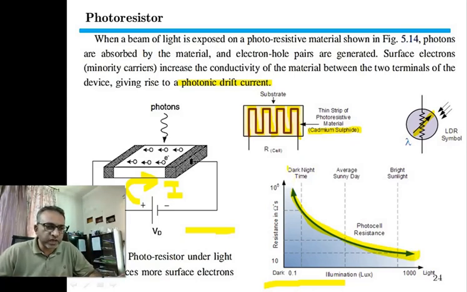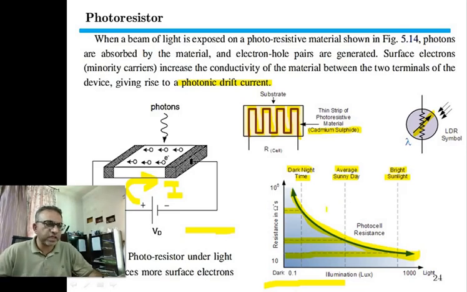So for example, here it is written dark night or dark time, when there is no light, there is no photon or a very small number of photons, and resistance is reasonably large. As we increase the light, we reach an average time, and the resistance has decreased, and with maximum light or full sunlight, there will be a very small resistance.